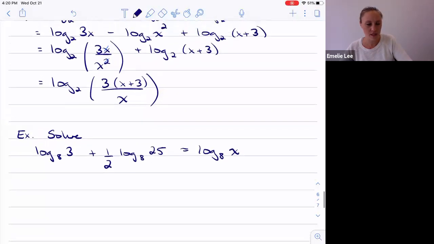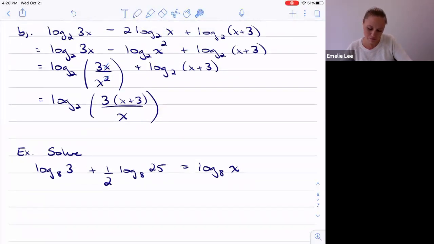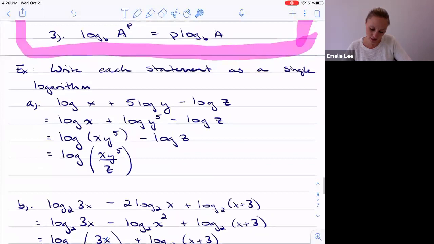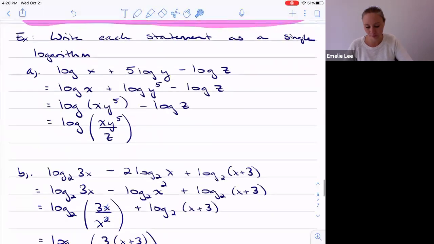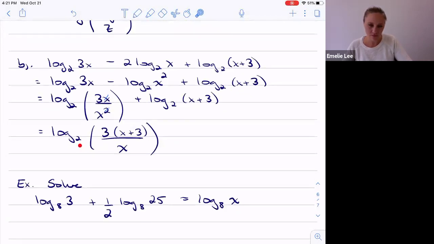Could it be simplified further? I don't see anything obvious. As soon as you've got it as one log, because the instruction was to write each statement as a single logarithm, I don't think I would go any further. I wouldn't bother. You could do 3 plus 9 over x.